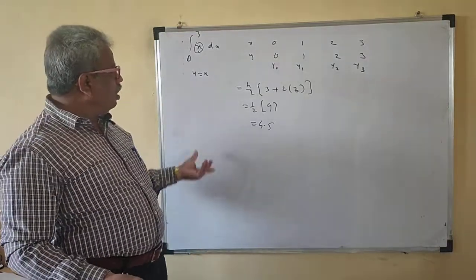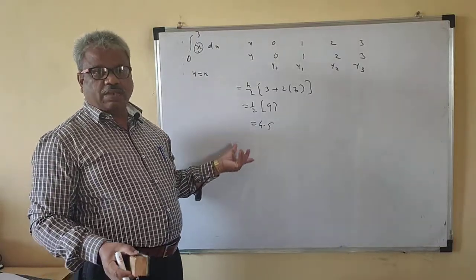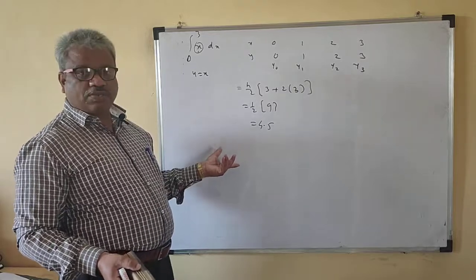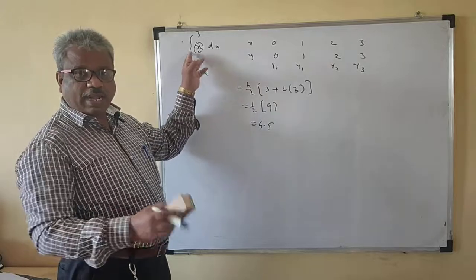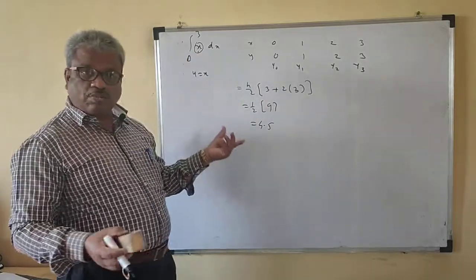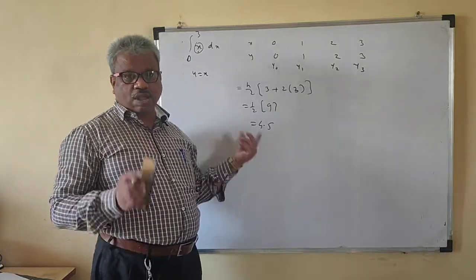Here we get a direct answer for this one and it matches, so no problem for this one. But there may be a problem where they do not match. We will give the option by the direct method also and by the trapezoidal rule also. So you have to solve by the trapezoidal rule. That means your answer should be with the help of the trapezoidal rule. You have to apply the rule.